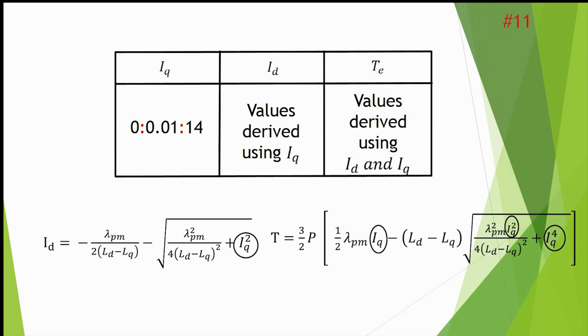If we increase IQ in steps of 0.01 up to 14, we will get the value of ID. Similarly, in the torque equation, if we increase IQ in the same manner, we can get the torque as well. So now we have three values: IQ, ID and torque.